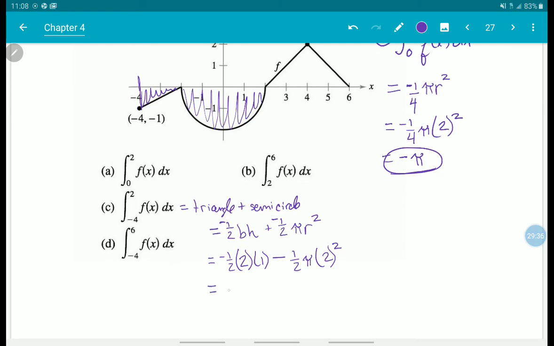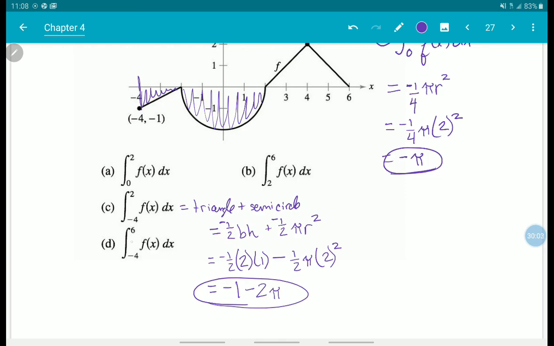If we multiply here, we get negative 1. If we multiply out here, we get a minus 2 pi. So there's our area under the curve. And remember, by under the curve, we mean between the curve and the x-axis.